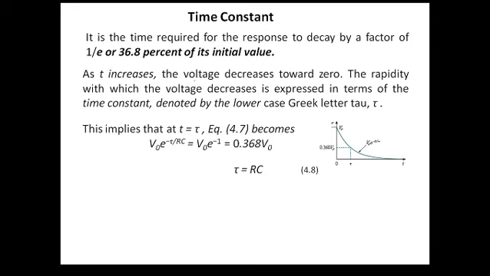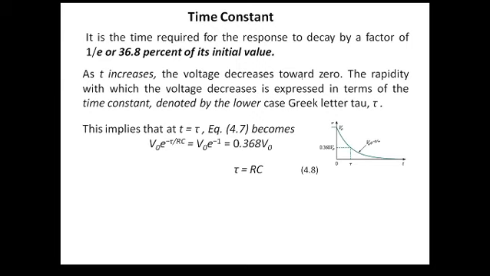Okay, this is the expression. If it is a v versus t graph only, it is an exponential decay. When time t equals tau, at that time the voltage is 0.368 V naught from the graph.